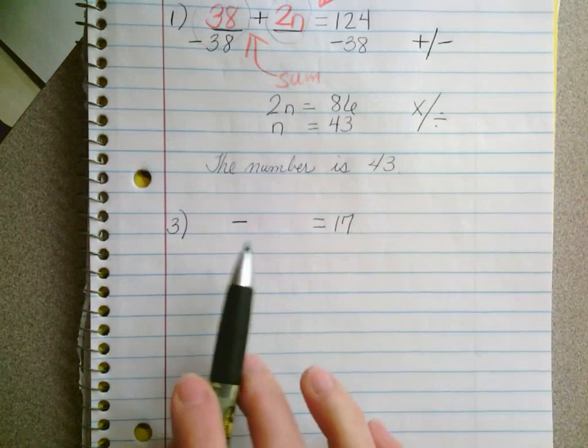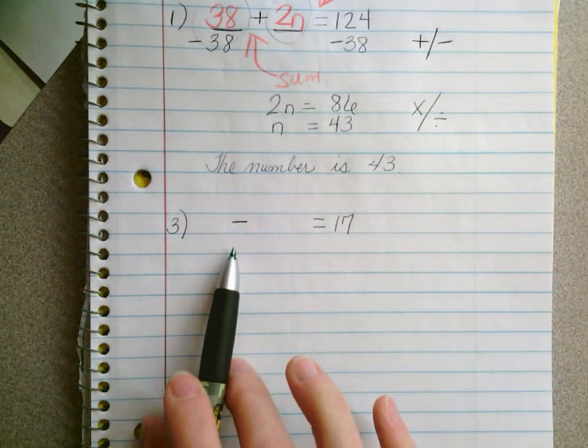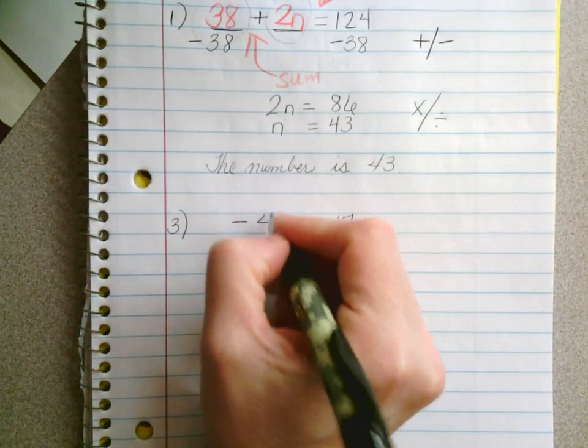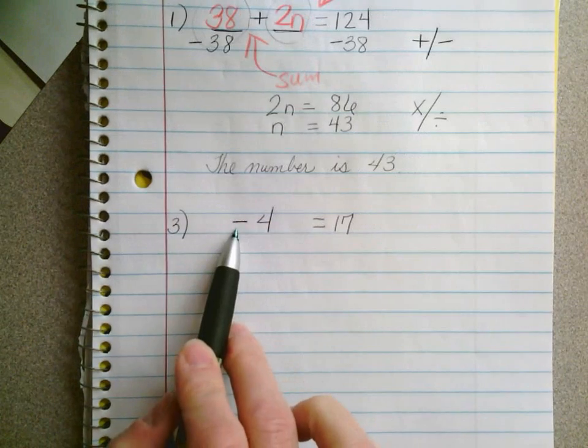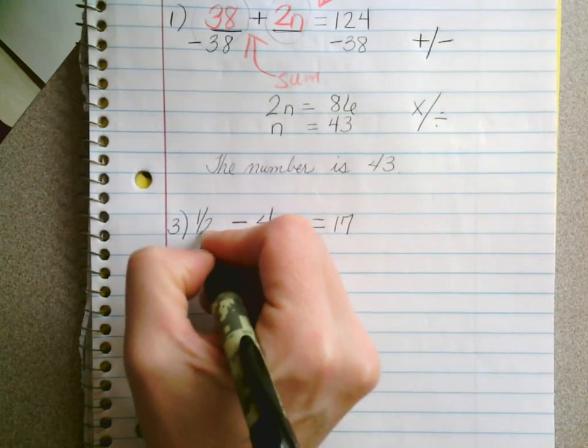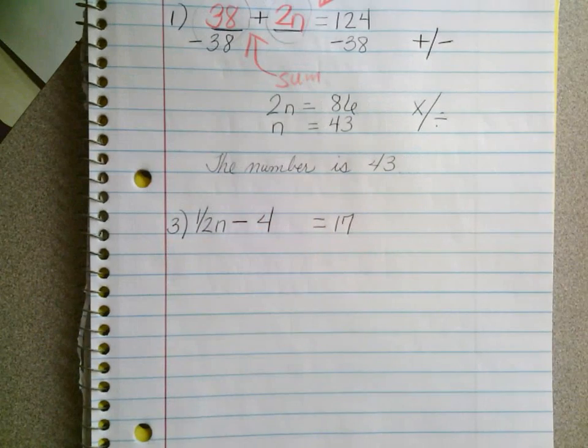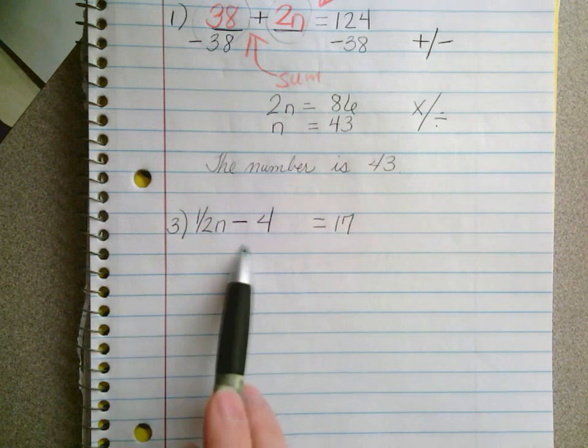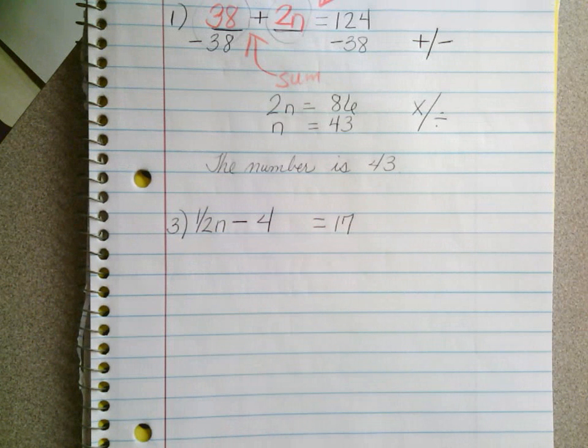What's being removed? Yep. 4 less than half a number. 4 less than half of a number. 4 smaller than that.